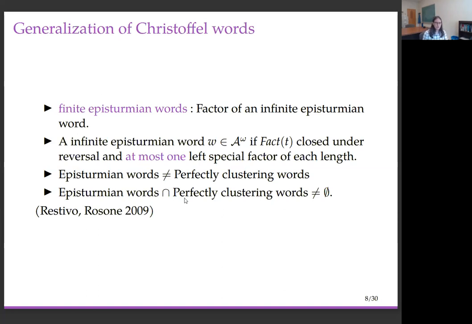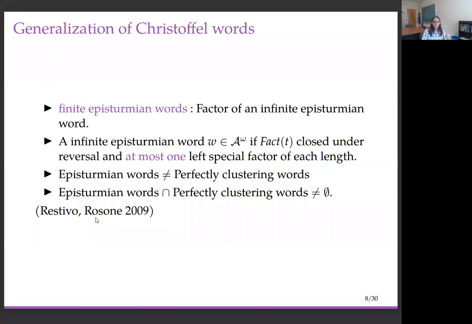This is a good thing because on the binary alphabet, every Sturmian word or every Christoffel word is circularly balanced. This is why the intersection is the whole set on the binary alphabet. This was studied by Restivo and Rosenfeld in 2009.